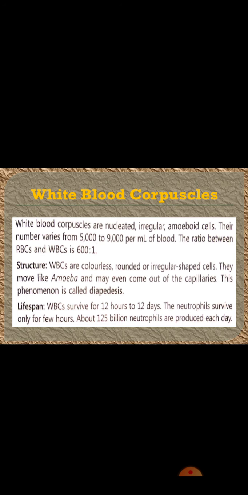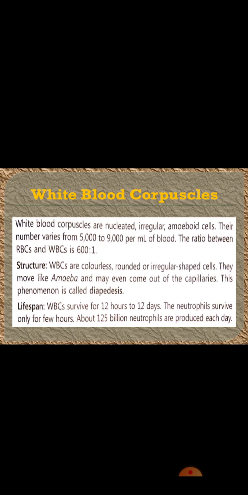That's why the name is WBCs, meaning white blood cells, due to the absence of color pigment. These cells are rounded or irregular in shape, and they move like amoeba and may even come out of the capillaries. This phenomenon, to move like amoeba and come out of the capillaries, is known as diapedesis.